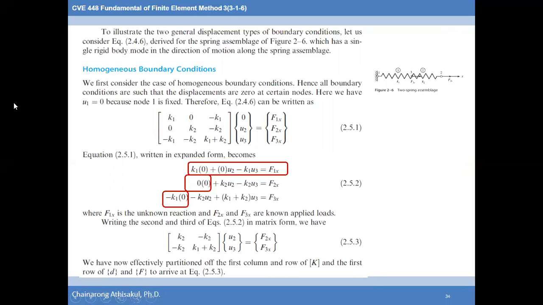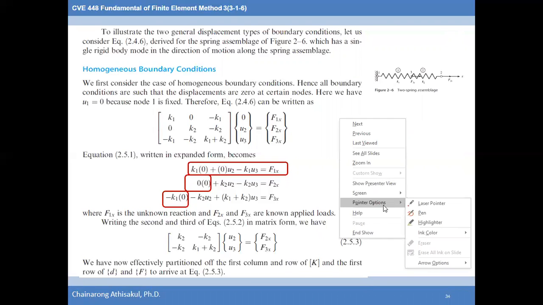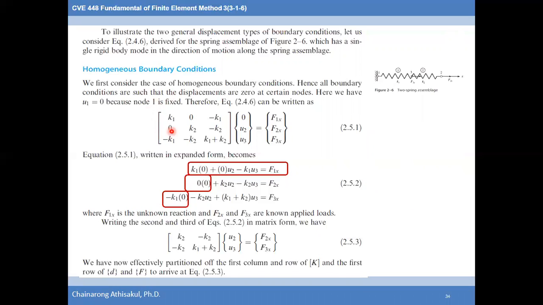According to the global matrix like this, when we apply the boundary condition u1 equal to 0 and substitute into this equation, we see that in the first row u1 is equal to 0.